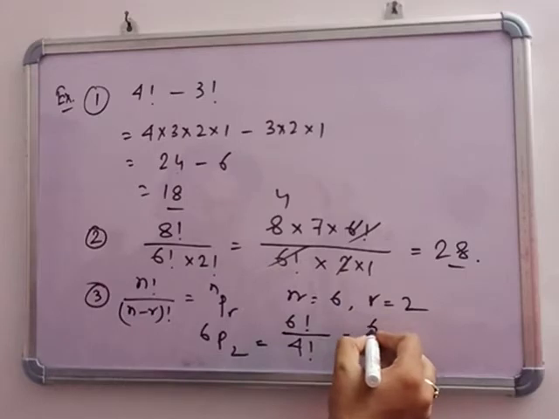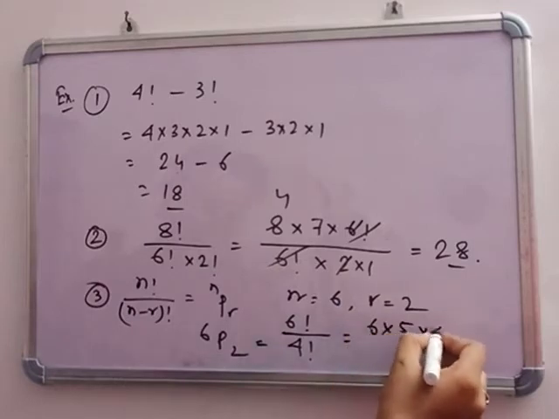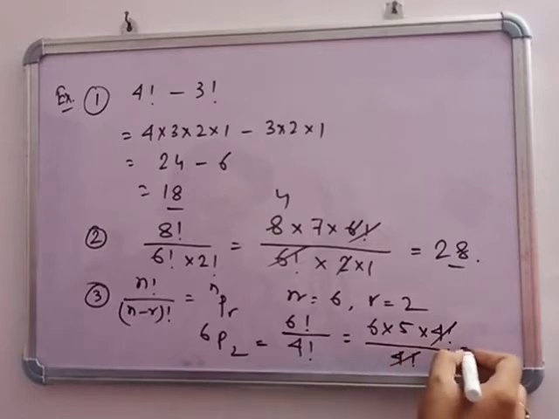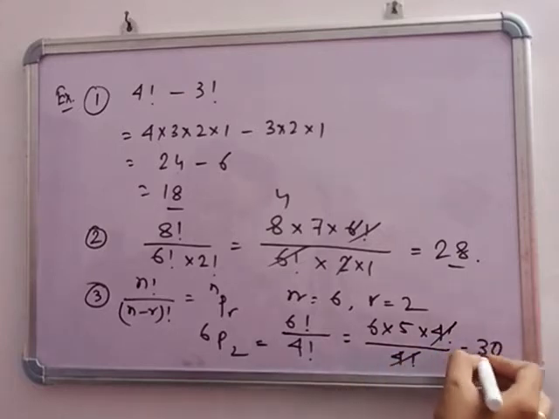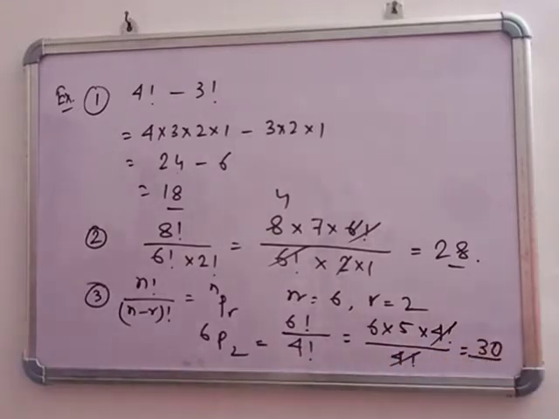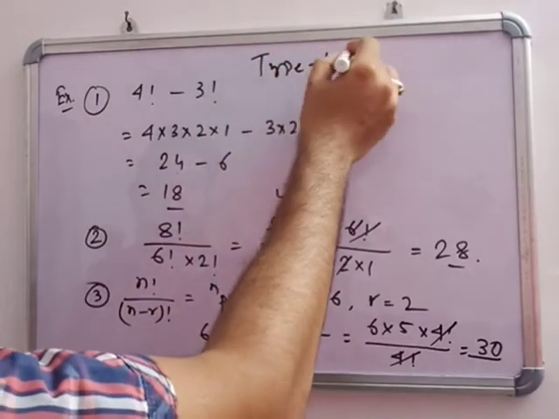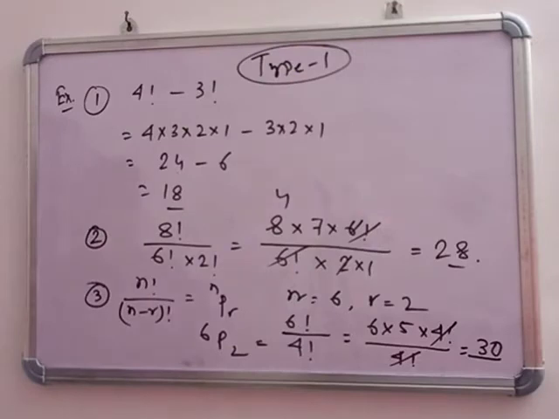That means 6 into 5 into 4 factorial by 4 factorial. So 4 factorial cancels, and this is 30. So 6P2 equals 30. Note it down. These problems are type 1 problems.